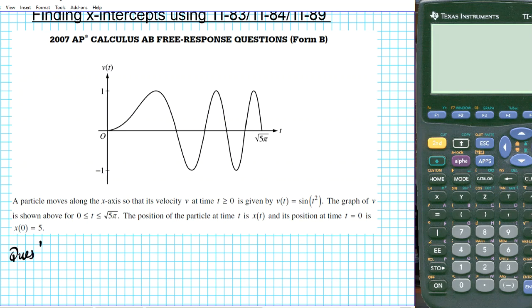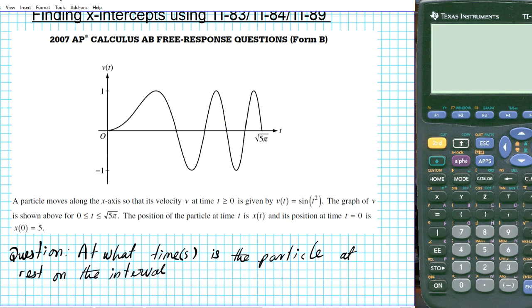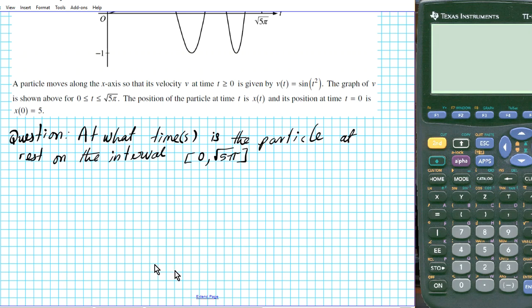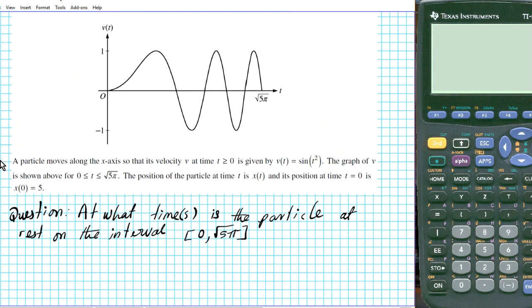Okay, so the question is, at what times, could be time or times, is the particle at rest on the interval 0 to root 5 pi? Alright, so the question now is, what is the velocity of a particle when it is at rest?